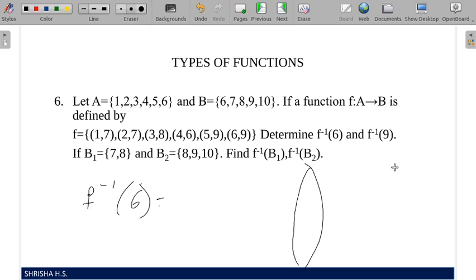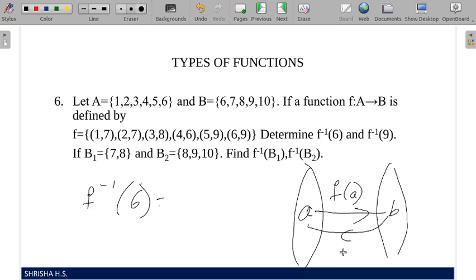So those who have forgotten how it works, if you are mapping from A, this is f of A. If you are mapping back, that will be f inverse of B. You apply the function to element A, you get B, and you apply the inverse function and you get back A. So this is undoing the function you just applied.